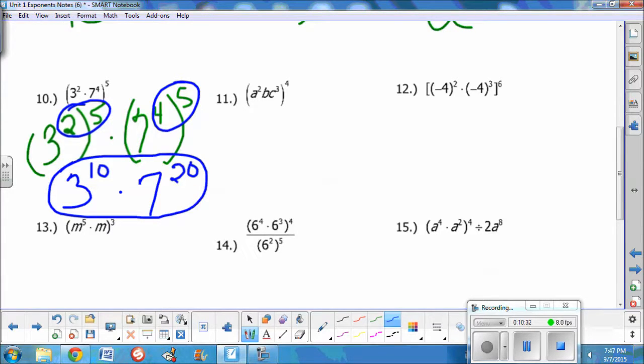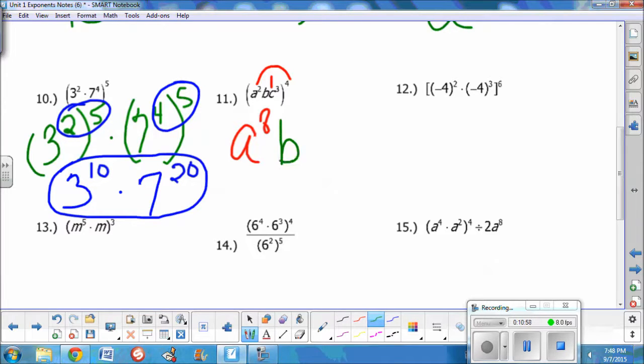Number 11. Remember that b has an exponent of 1. Everything inside those parentheses needs to be raised to the 4th power. So if you have a to the 2nd to the 4th power, a to the 2nd to the 4th gives you a to the 8th power. Now let's take care of the b's.